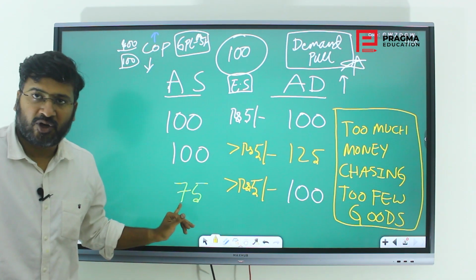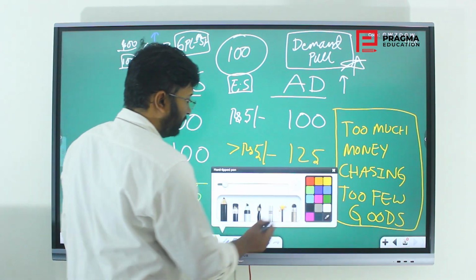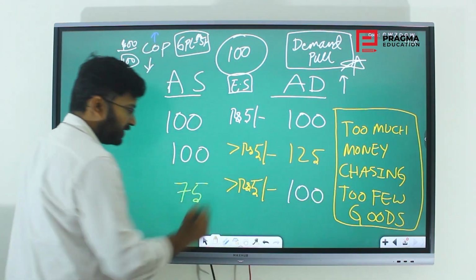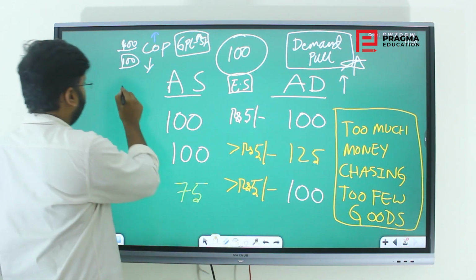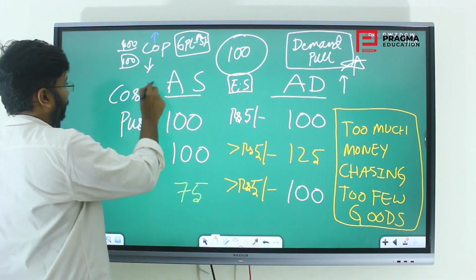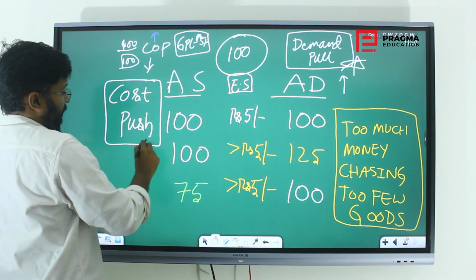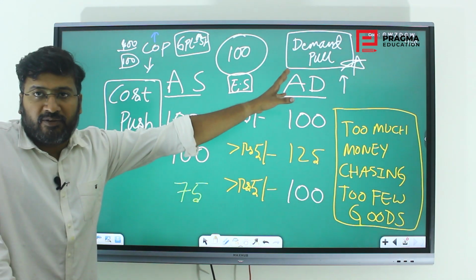Because of the supply side shocks, the prices kept increasing. So what do you call this? This is also inflation because the prices are increasing, but this is from the supply side. It is called cost push inflation.